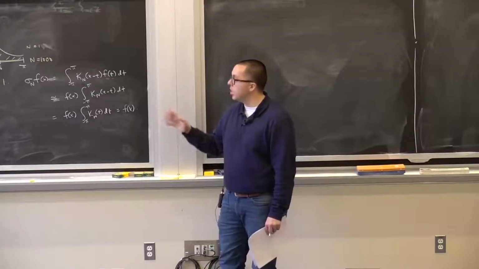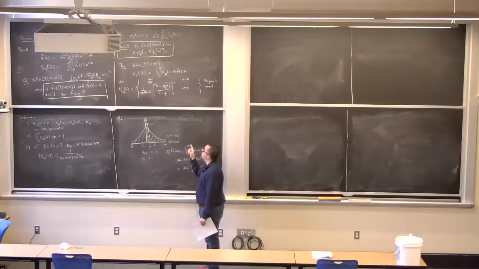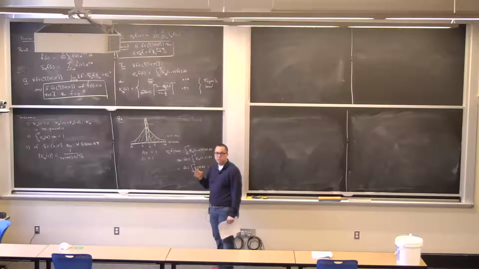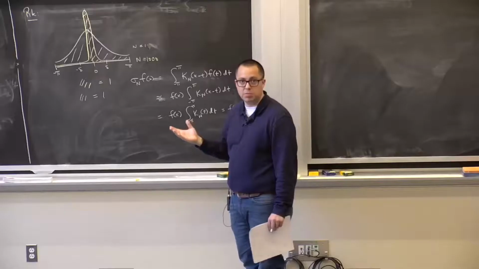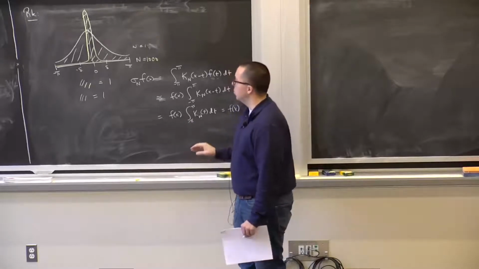But as we'll see, for the Cesaro means, the Cesaro Fourier means, basically pick a space and the Cesaro sums or Cesaro means converge to the function in whatever space you're talking about. And I'll say a little bit more about that in a minute.